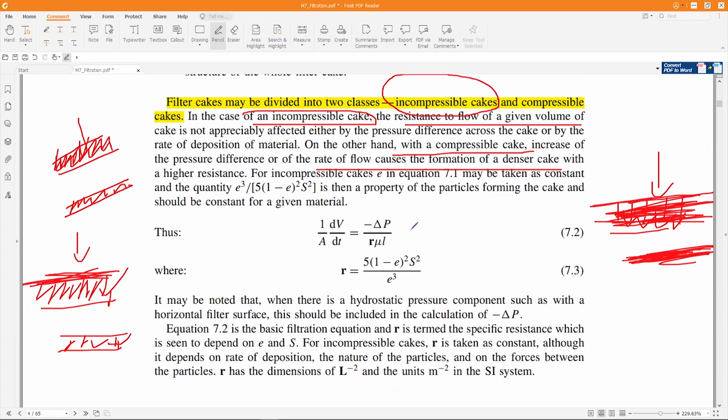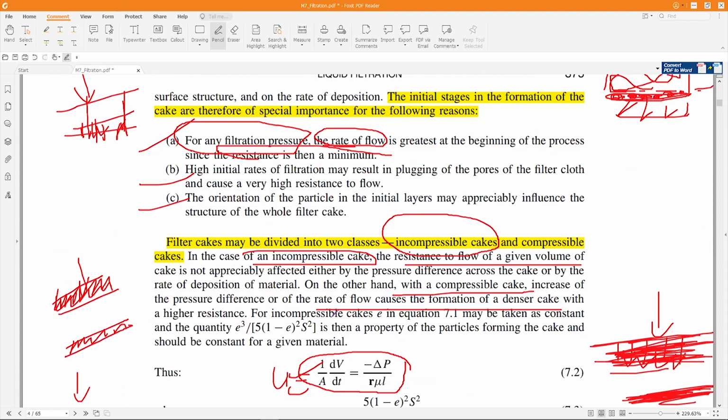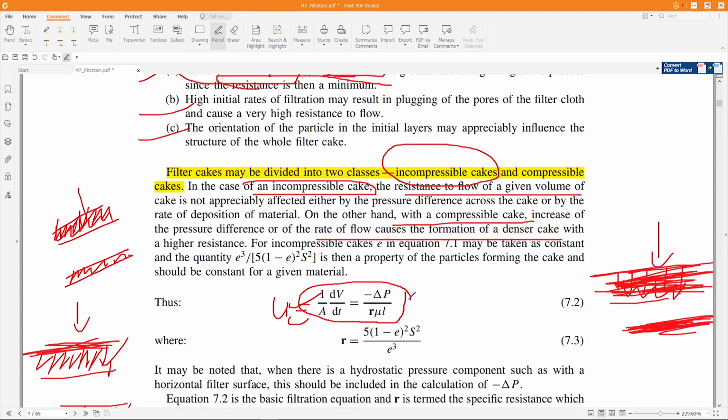So this is given like this. The superficial velocity, this formula is nothing but the superficial velocity, is given by delta P by r mu L. Why? Because the other parts are all constant for an incompressible cake. If it is incompressible, the voidage, the pores inside the cake, will not change with time or with pressure or flow rate.